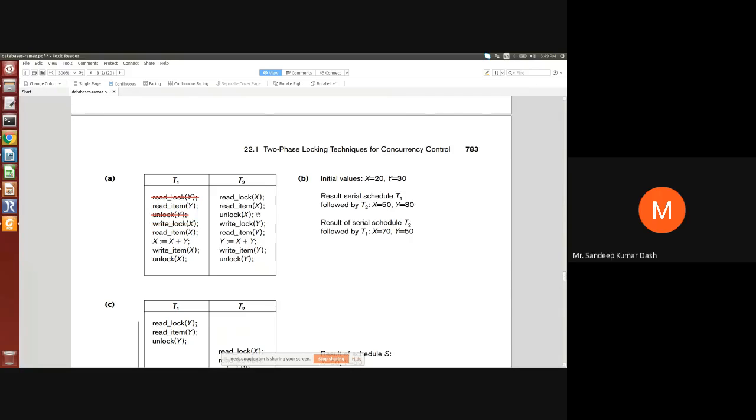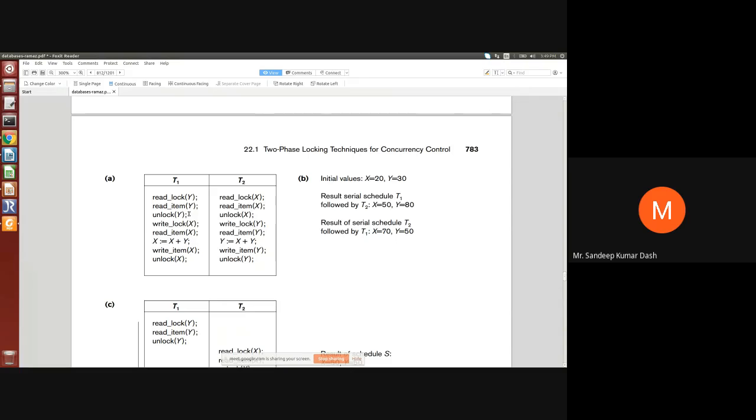But when you apply concurrency control, these statements are required, because first you know that you have to read the data item Y. So you are first acquiring a read lock. After you read it, you unlock it so that others can read or write.